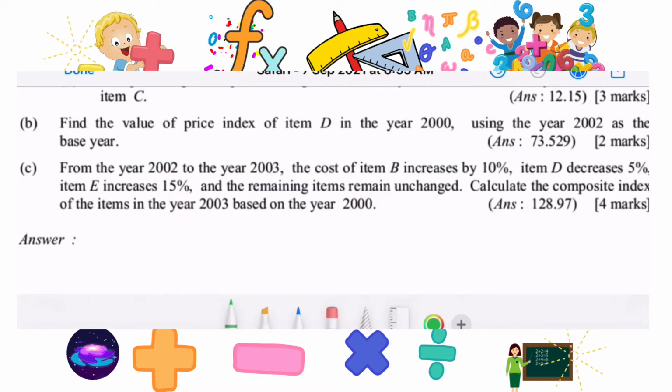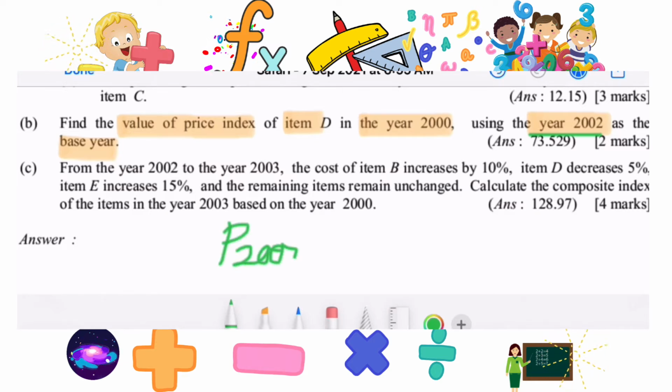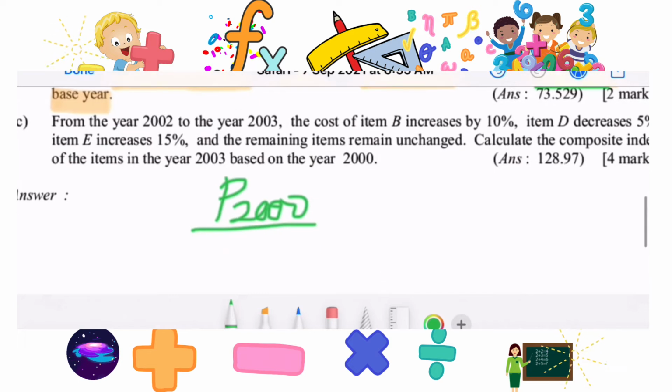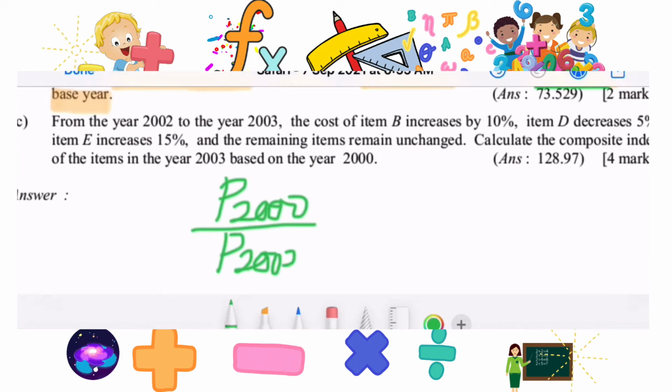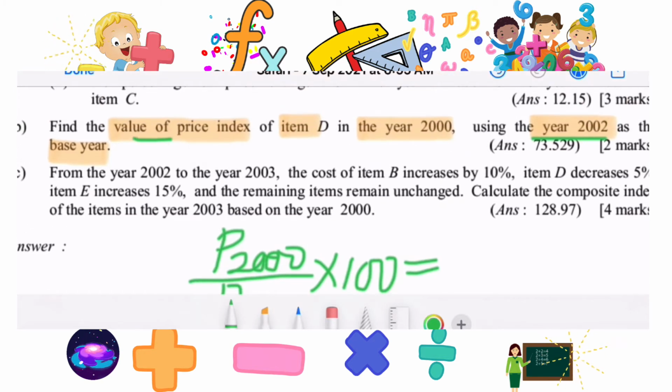Right, let's continue. Find the value of the price index of item D in the year 2000, using the year 2002 as the base year. So we are going to use 2002 as the base year, meaning that we write price in 2000 over price in the base year 2002, times 100.